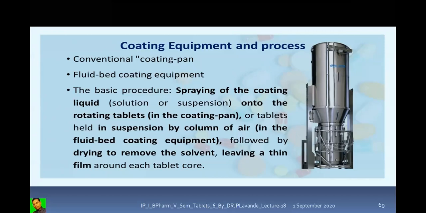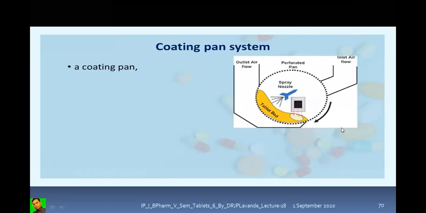The basic procedure is spraying the coating solution, in the form of solution or suspension, onto the rotating tablet beds in the coating pan, or the tablets are held in suspension by a column of air. In case of FBD, the tablets are held in the column of air, followed by drying to remove the solvent and leave a thin film around each tablet core. That is the process by which tablet coating occurs.